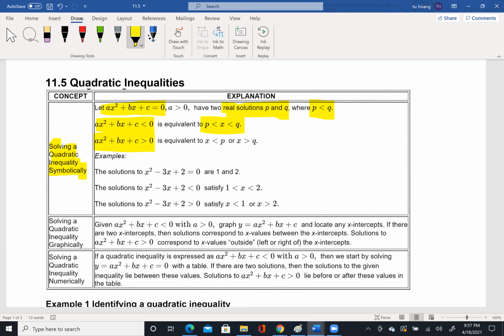But if you are looking for the solution for the inequality ax squared plus bx plus c greater than 0, then it's going to be outside.